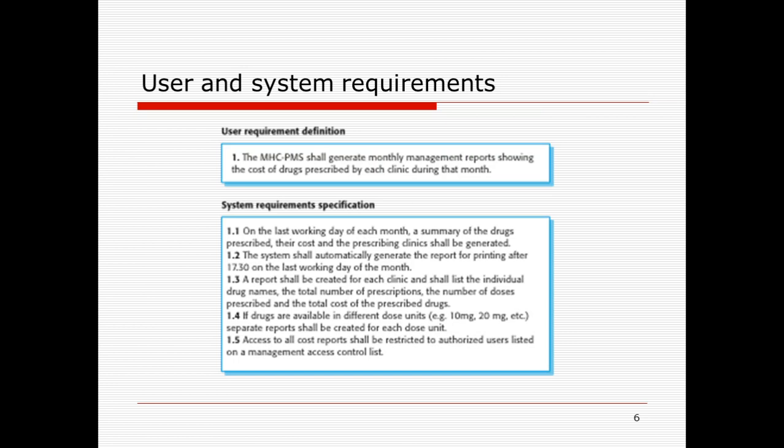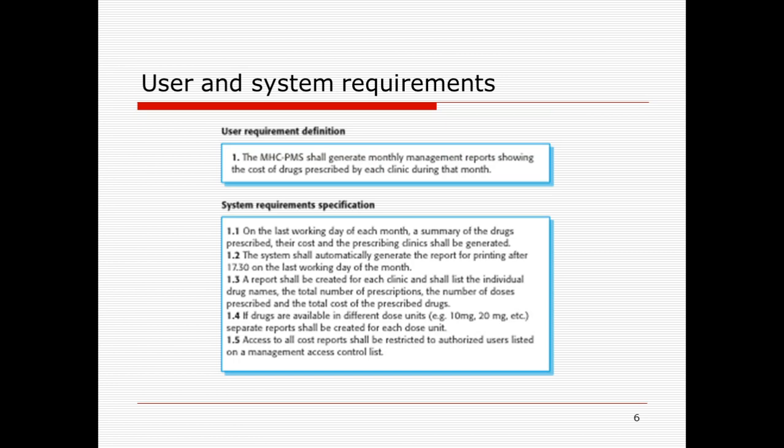Okay, so this is a monthly summary report of the cost of drugs prescribed by each clinic which are using that software during a month. So that is the abstract user requirement, and that is called the user requirement definition. Okay, one of the user requirement definitions is this one.